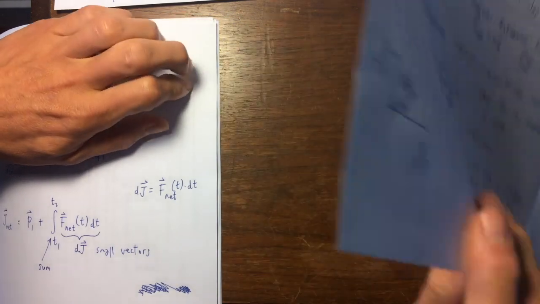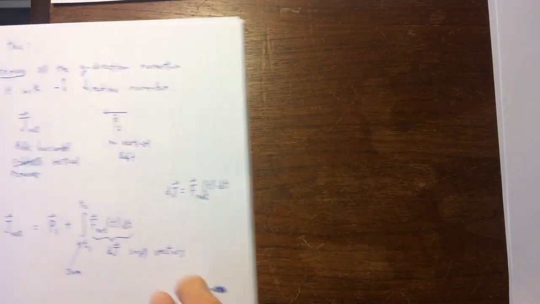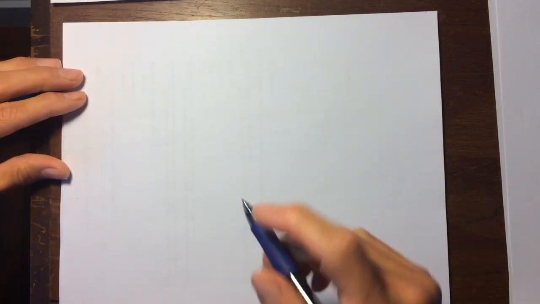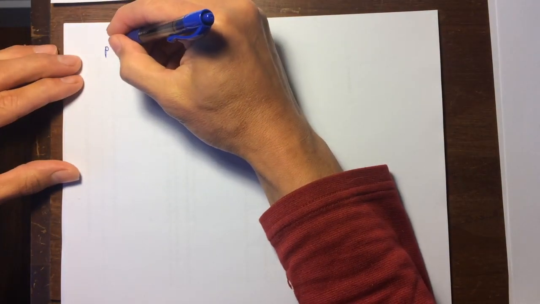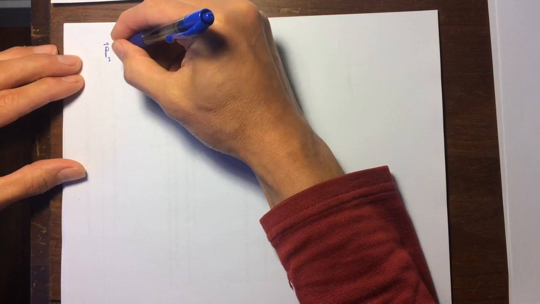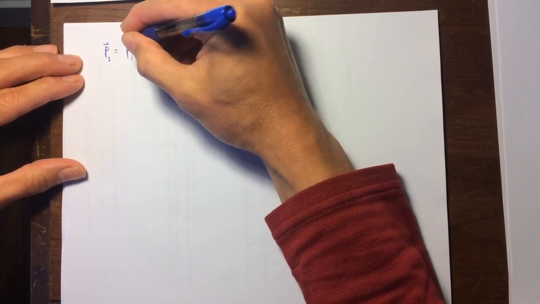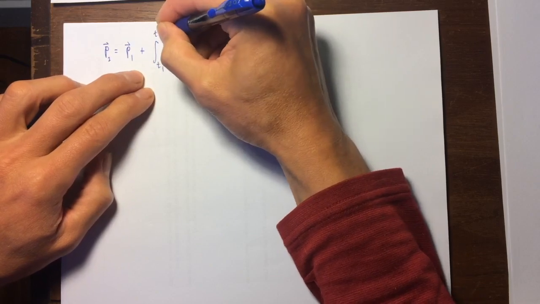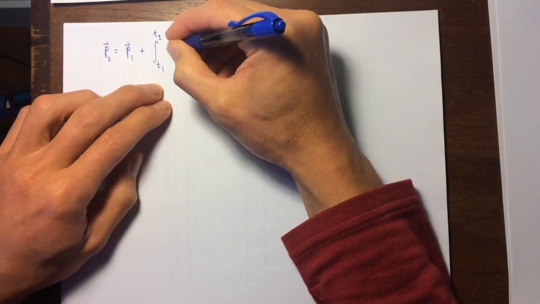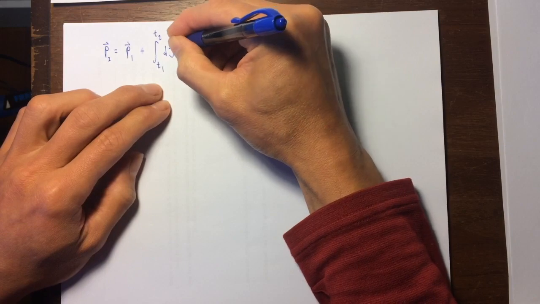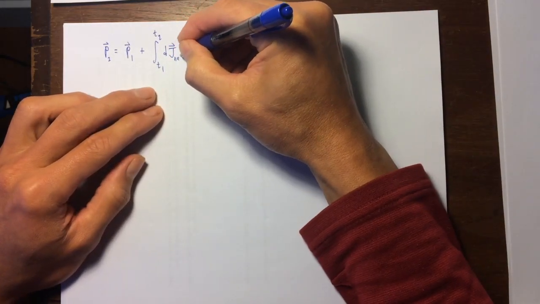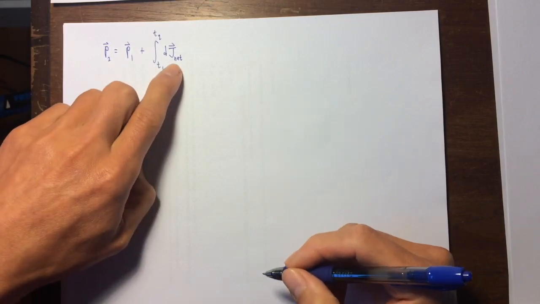So with that in mind, continuing to think like a physicist, let's write P2 equals P1 plus the integral T1 to T2 of these little dj vectors. They are small amounts of impulse delivered by the net force.